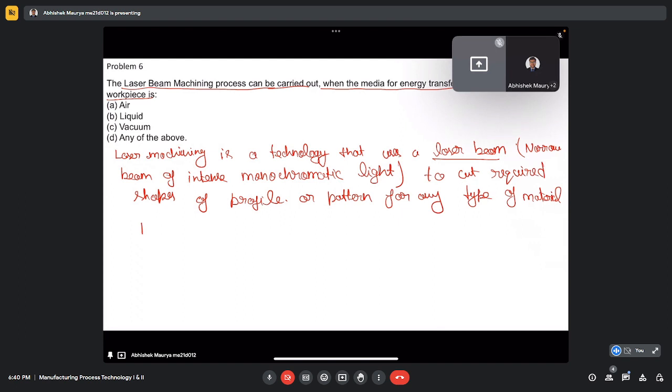And what is the full form of the laser? So it is light amplification by stimulated emission of radiation.